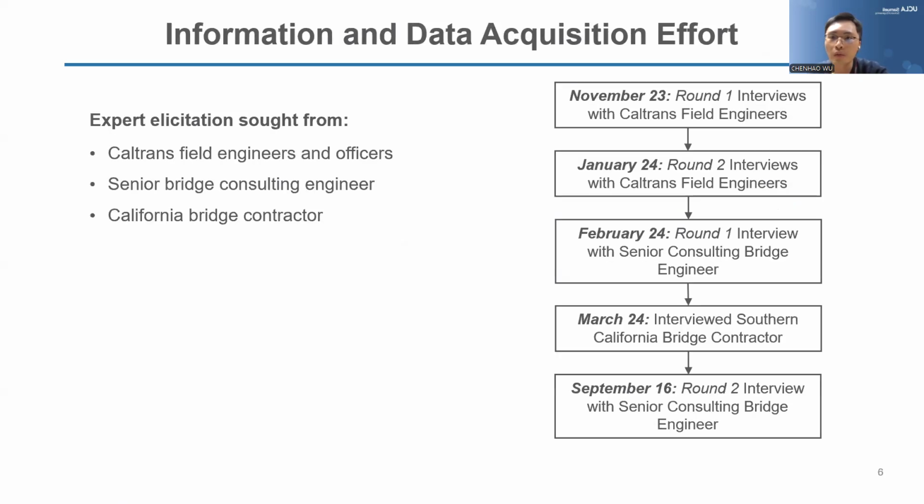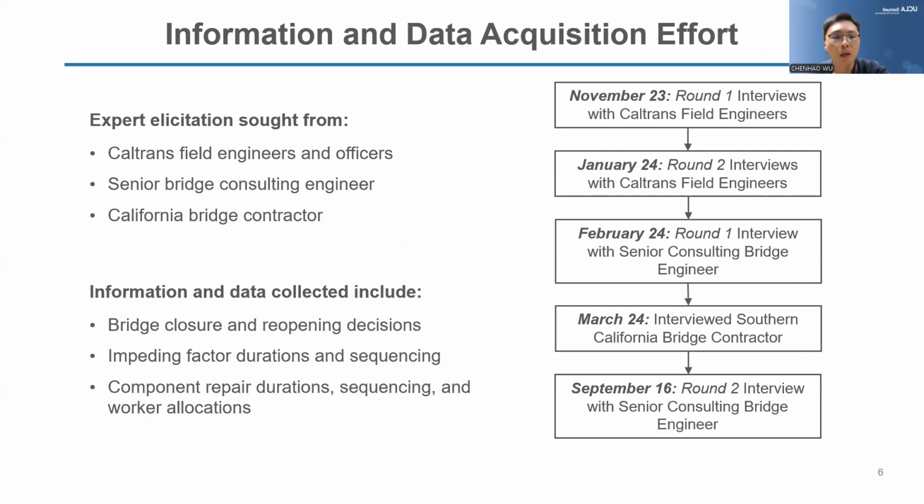This is the timeline of how we organized and performed our interviews with domain experts, spanning from November 2023 until September 2024. We got informative input from Caltrans field engineers and officers, senior bridge consulting engineers, and also bridge contractors. We got a lot of very helpful information, including bridge closure and reopening decisions, impeding factor delays and their sequencing, and of course component repair durations, sequencing, and how they allocate workers to conduct such repair activities.